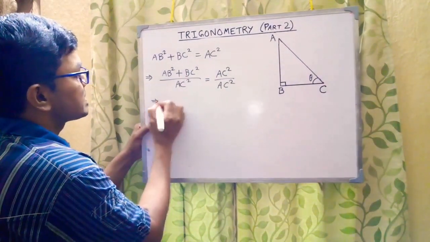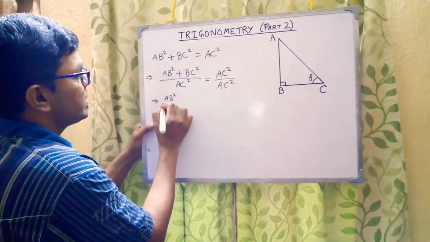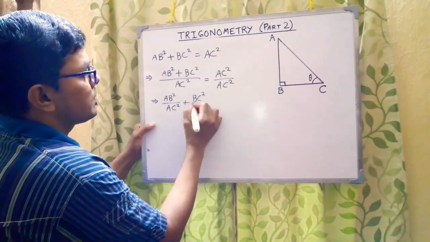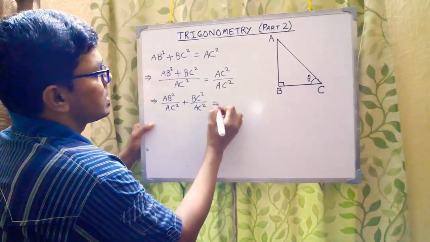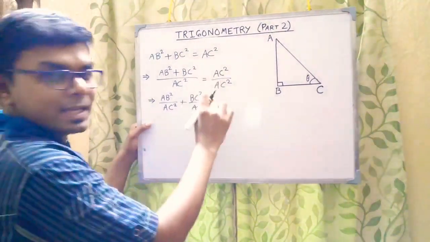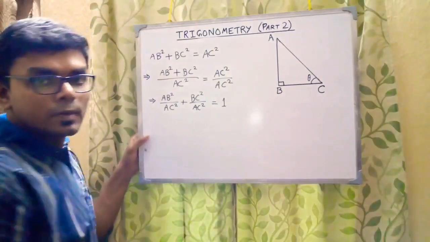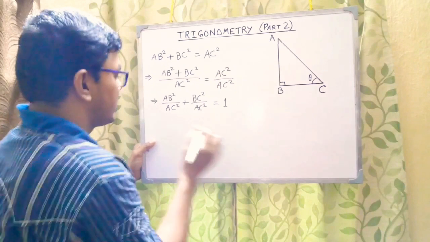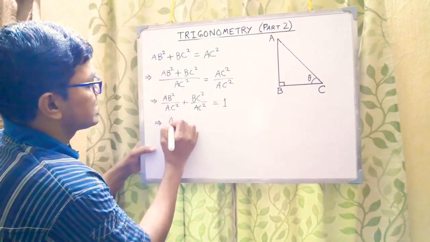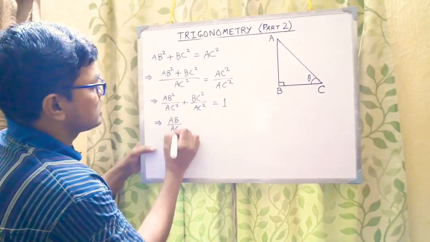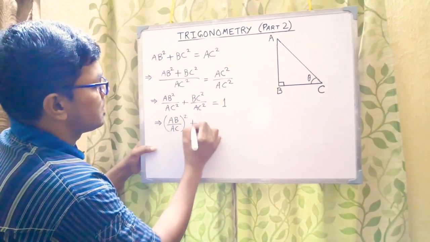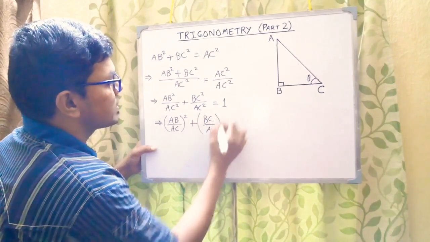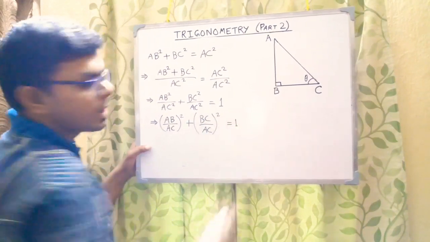So this gives us AB squared by AC squared plus BC squared by AC squared, that equals AC squared by AC squared, which is 1. We divide a value by the same value, that gives us 1. Now this can be written as AB by AC whole squared plus BC by AC whole squared. That equals 1, right?